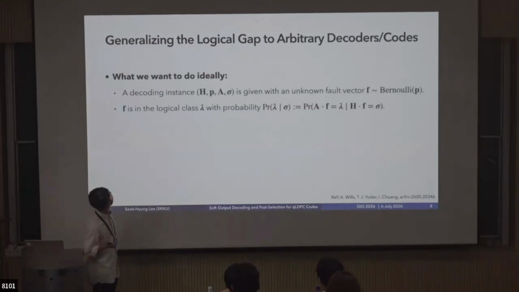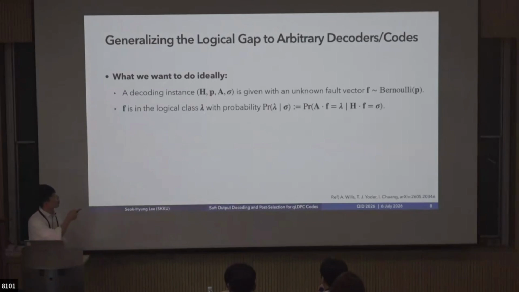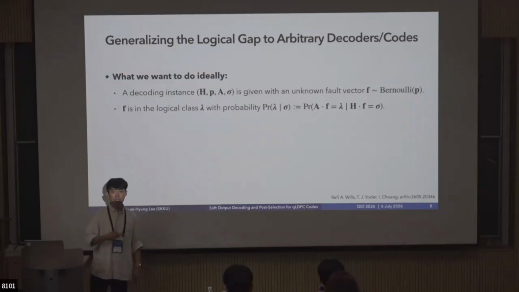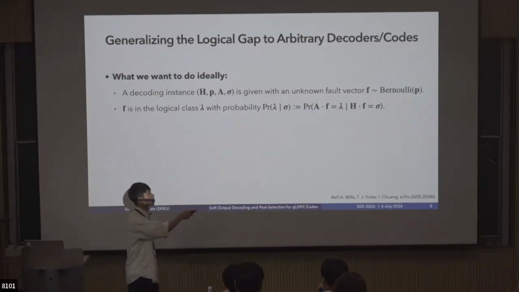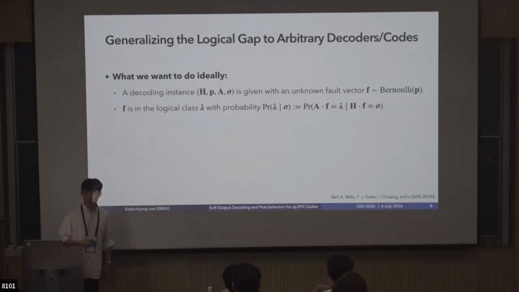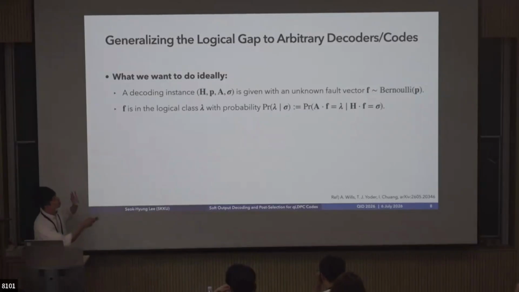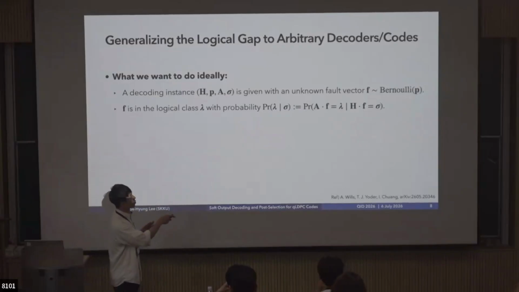So let's move on. What we want to do ideally is this: say a decoding instance is given as H, P, A, sigma with an unknown error vector F. Because it is unknown, let's treat it with a prior distribution, independent Bernoulli distributions, where each element of F is flipped, that is, is 1, with the prior probability p_i.